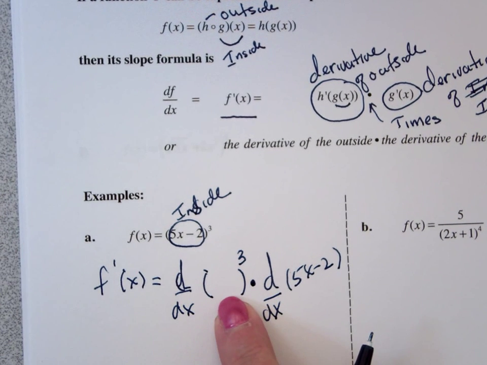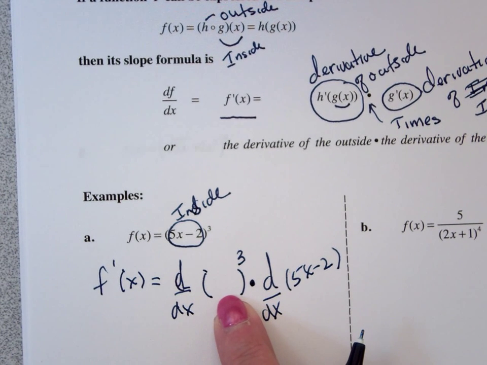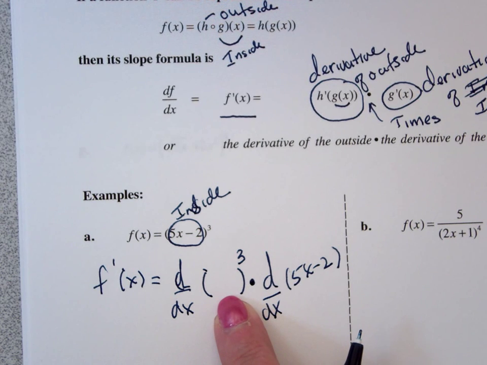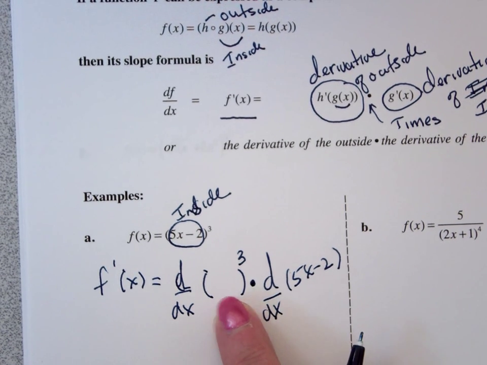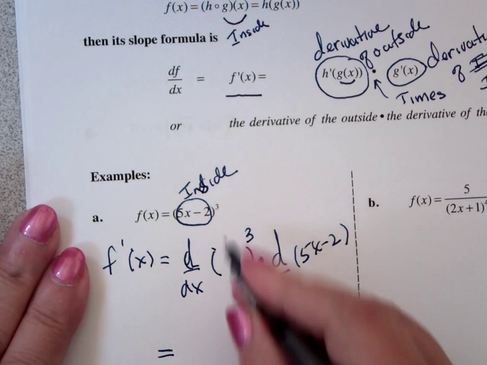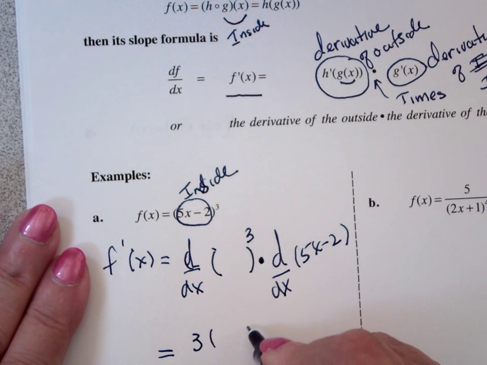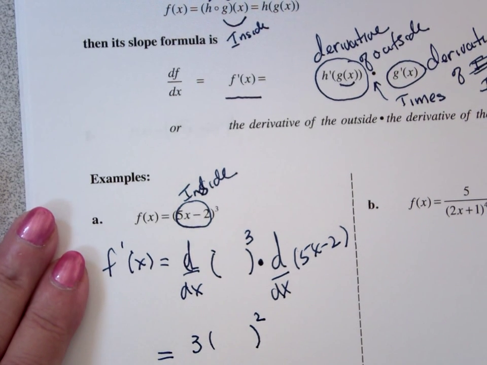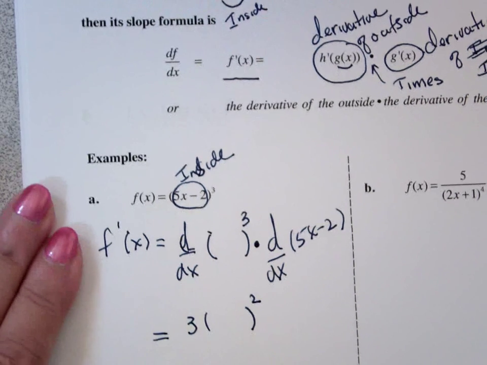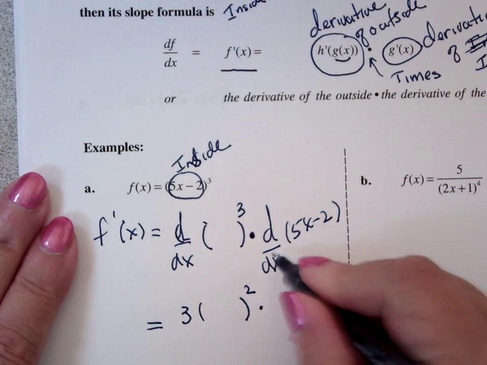I don't care what's inside until I have to write it. So the derivative of the outside is 3 times the blob squared times the derivative of the blob.